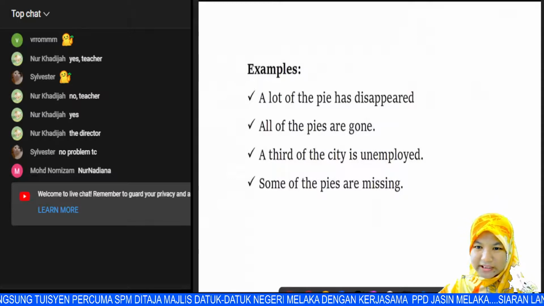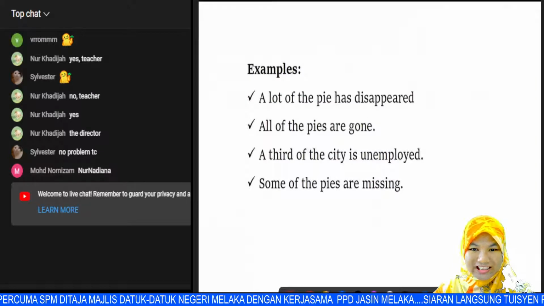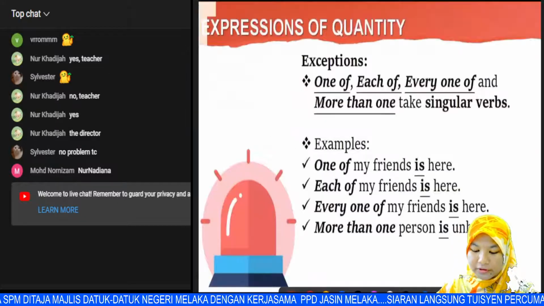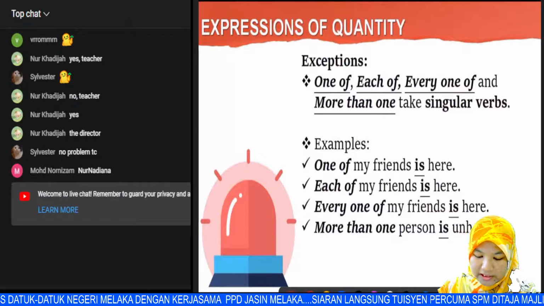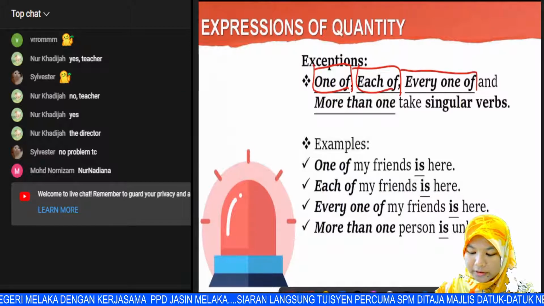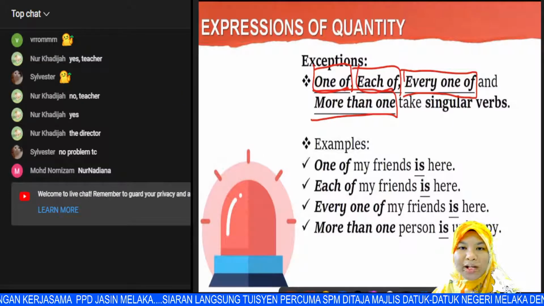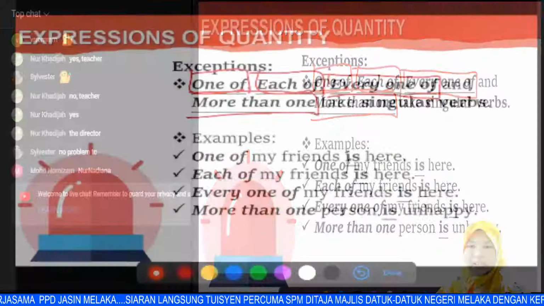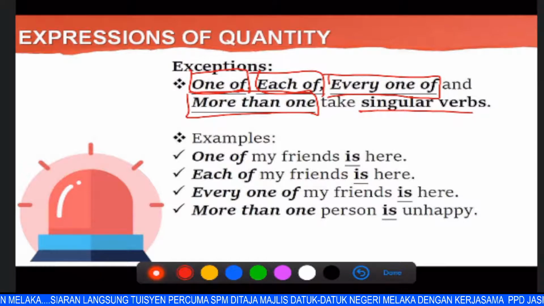Here, when we use the expressions one of, each of, every one of, more than one, it takes a singular verb. For these 4 expressions, when we use them, it should take a singular verb. This is the grammar rule that we have been using since way before.